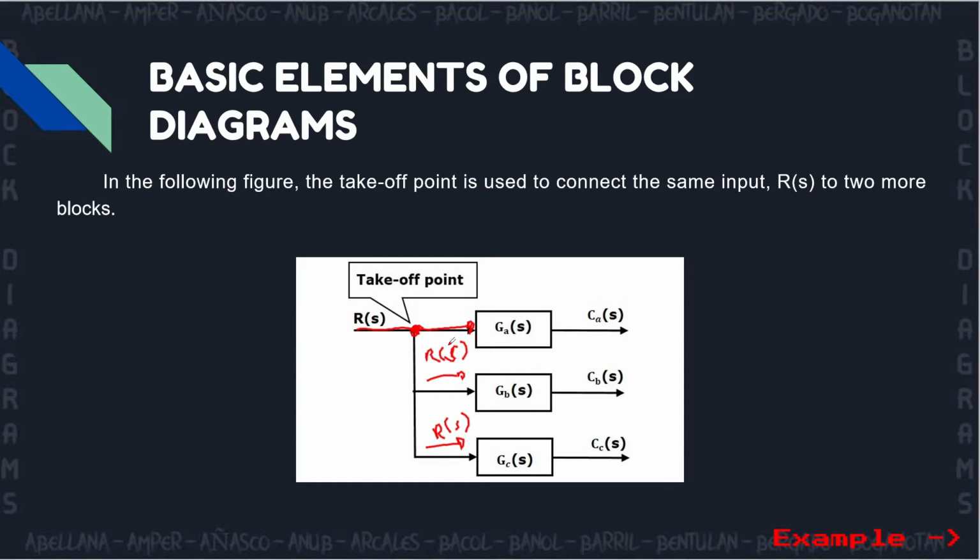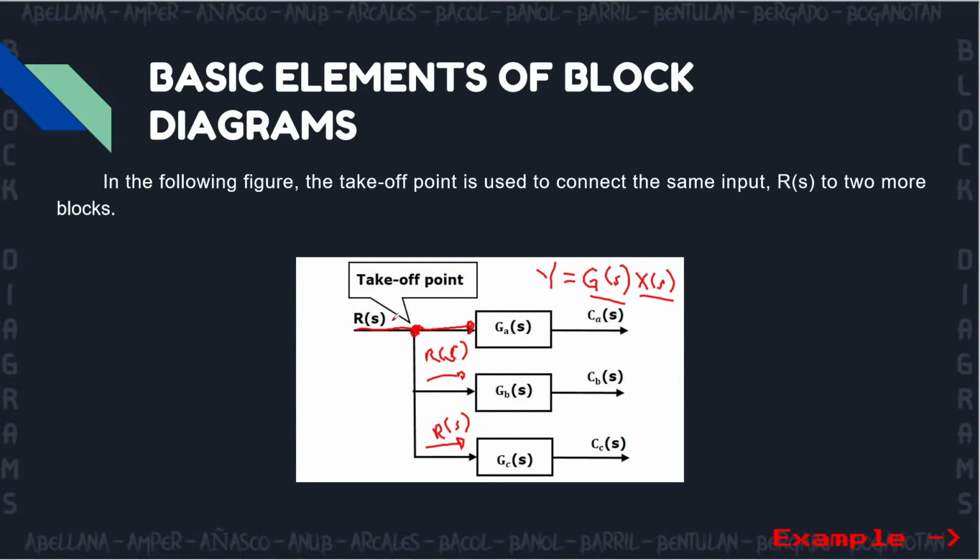And to determine the output, as stated in the previous topic, we just need to multiply the input. As you remember the formula, Y is equal to G of S times X of S, Y being the output, X of S being the input, and G of S being the transfer function.